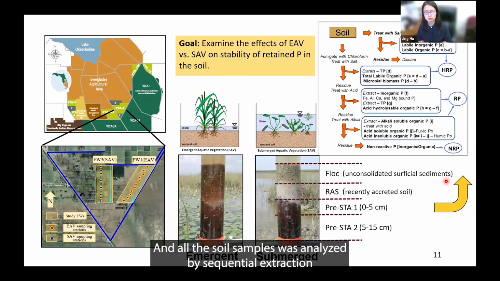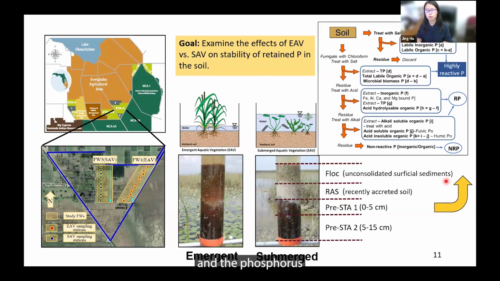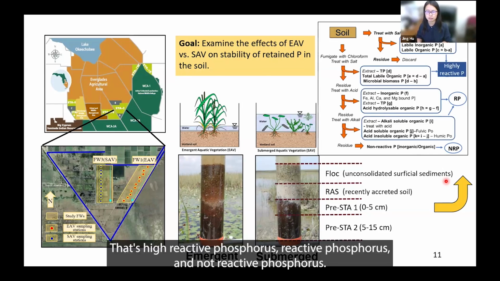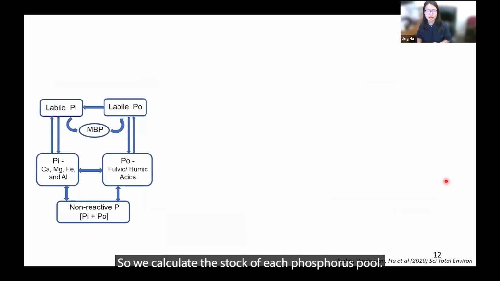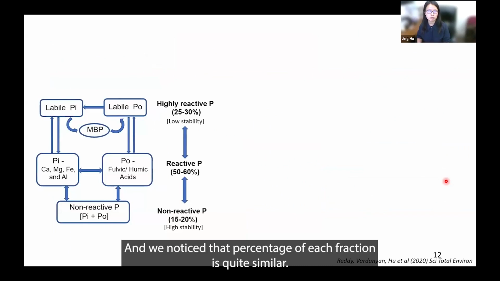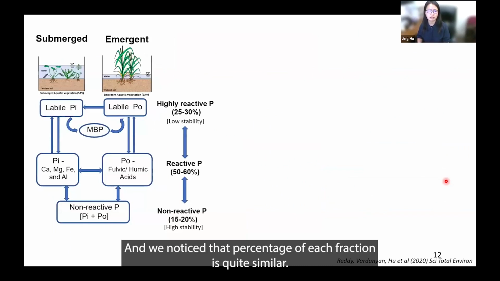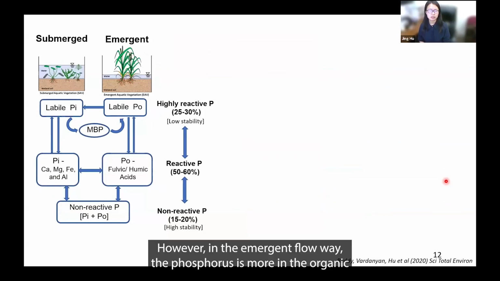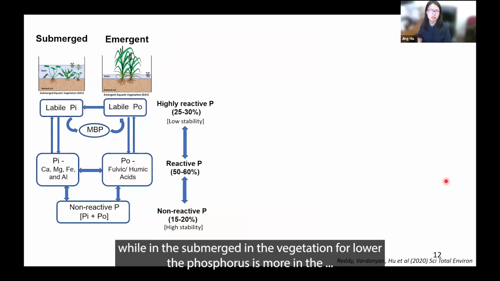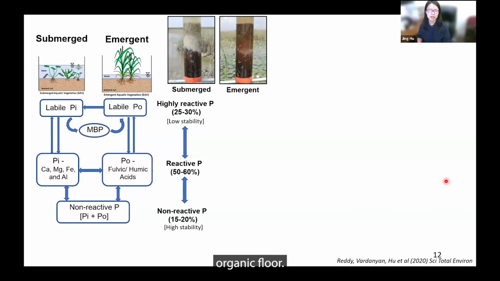All the soil samples were analyzed by sequential extraction, and the phosphorus was categorized into 3 pools: labile, highly reactive phosphorus, and non-reactive phosphorus. We calculated the stock of each phosphorus pool, and noticed that the percentage of each fraction is quite similar. However, in the emergent flowway, the phosphorus is more in the organic form, while in the submergent vegetation flowway, the phosphorus is more in the inorganic form.